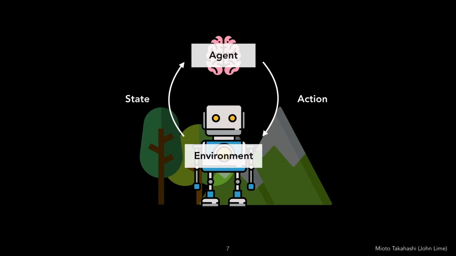In addition to the mutual interaction between the agent and the environment with state and action, the reward is added onto the set of outputs of the environment. This means that for every action that the agent takes, the environment outputs the state and the reward. In the context of reinforcement learning, we will also refer to the agent as policy from here on out.